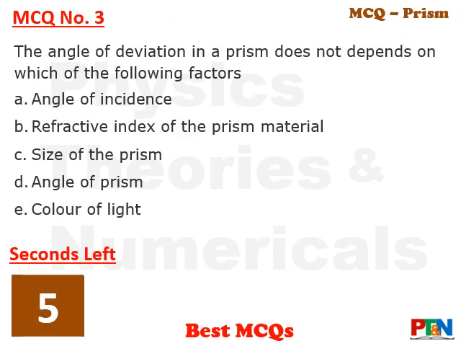Next MCQ. The angle of deviation in a prism does not depend on which of the following factors: angle of incidence, refractive index of the prism material, size of the prism, angle of the prism, color of light. Your timer for 5 seconds starts now.